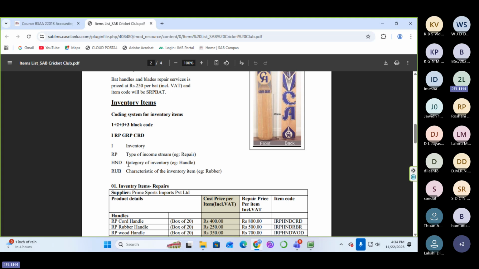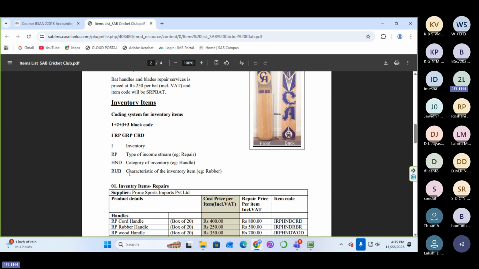And then the category of inventory, there are three letters. That is HND, handle. Handle is the type specific category of the inventory. And then you have to have a specific characteristic to identify this item, specific type of item. These are rubber items, right? Rubber handles.